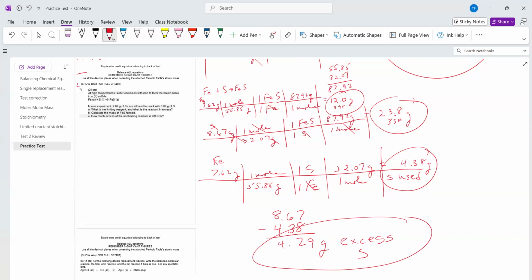So that's how much sulfur is left over, because we used 438 grams of it. That's why we had to subtract down here. Now this is going to be similar to your take-home problem.